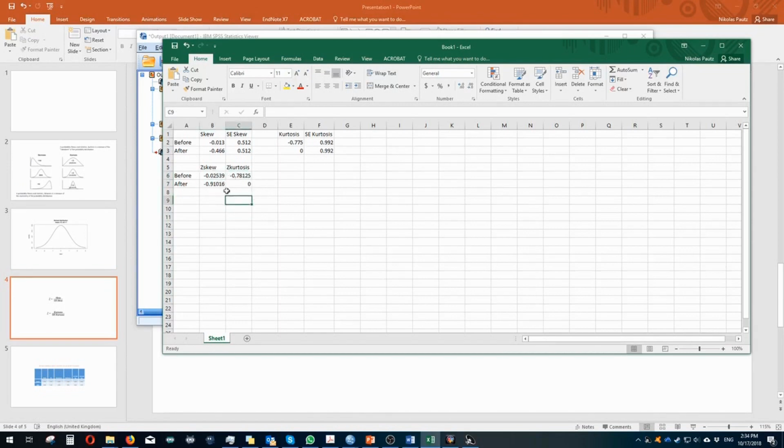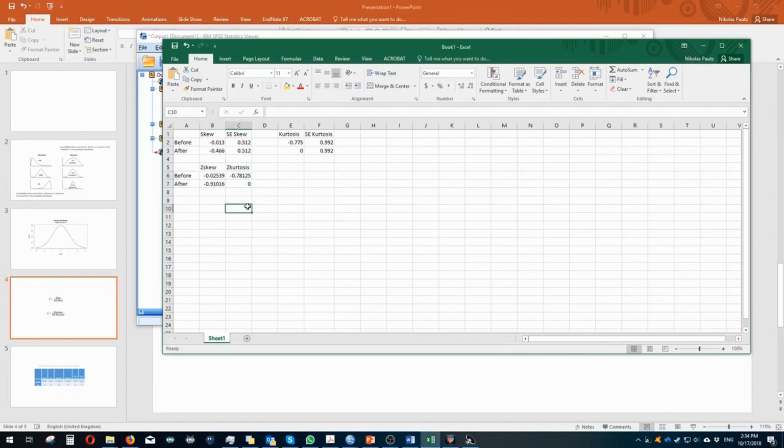And if these values exceed 1.96, which within the normal distribution, or the t-distribution, is our approximate value of statistical significance at the 0.05 level.